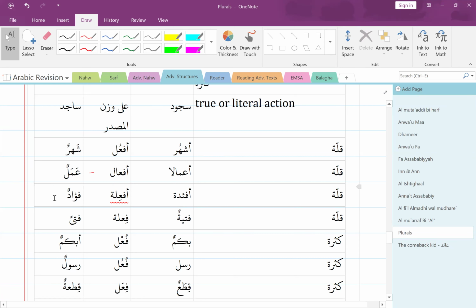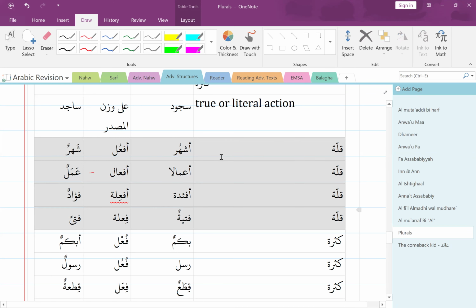Yeah, fu'adun is a chest, af'ida, chests. Okay, and then the last one is fi'ila. Oh, yeah, fi'ila. Okay, so fatan is a boy. Then fityatun is boys or young men. Yeah. So these are the only ones you need to know about.